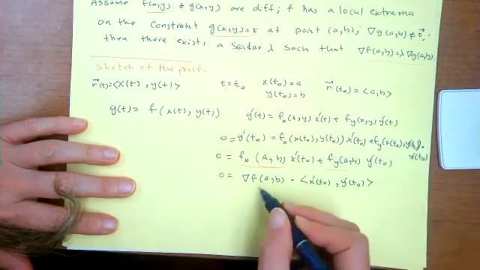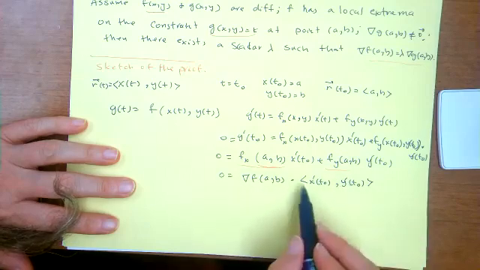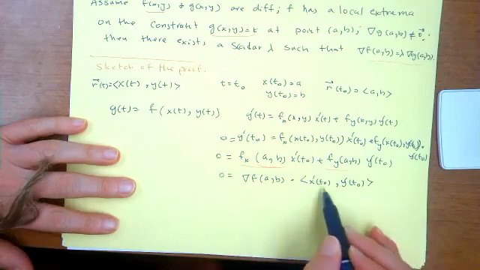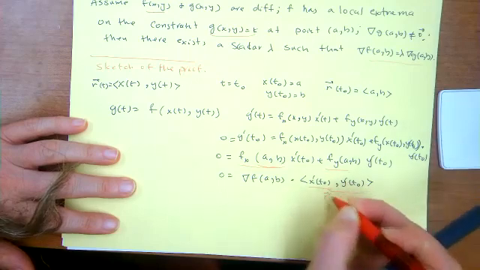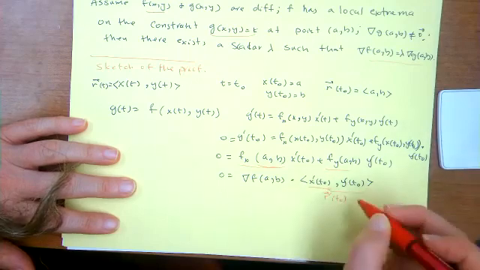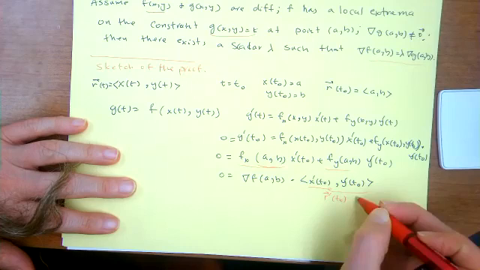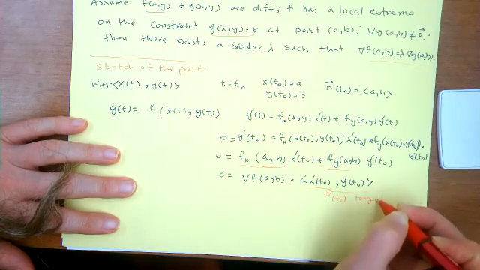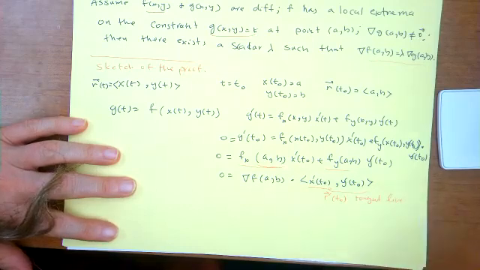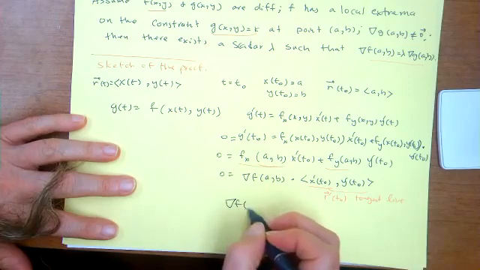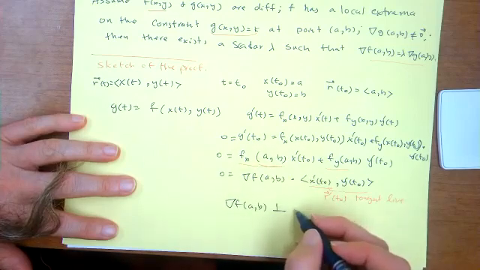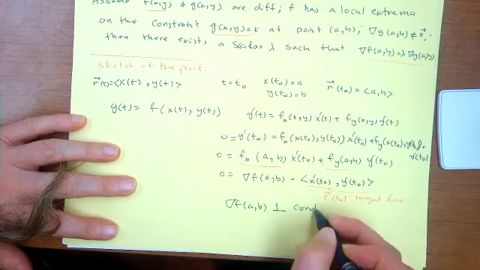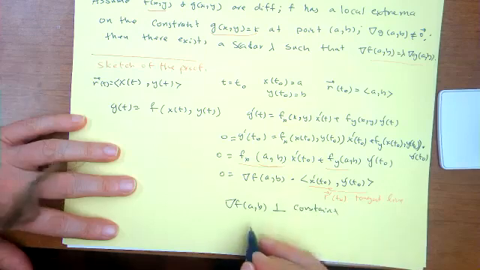And then at this point, because x prime, y prime, which is r prime at t0, is in the direction of the tangent line, therefore gradient of f at a and b is orthogonal to the curve of the constraint.